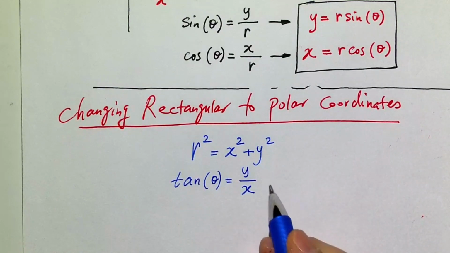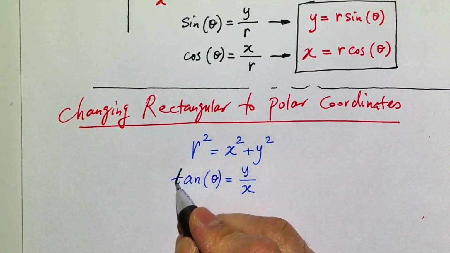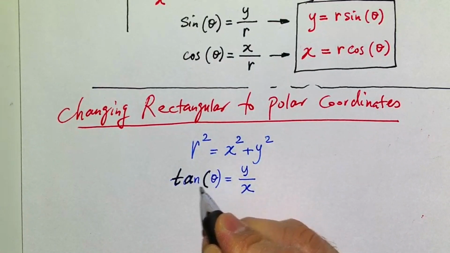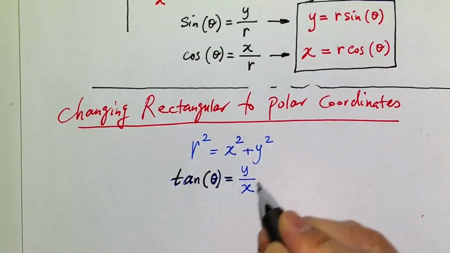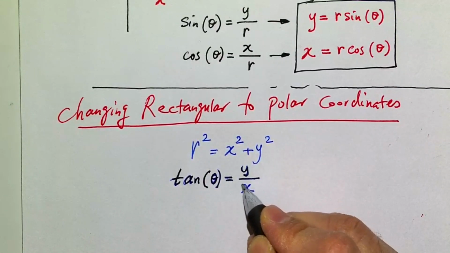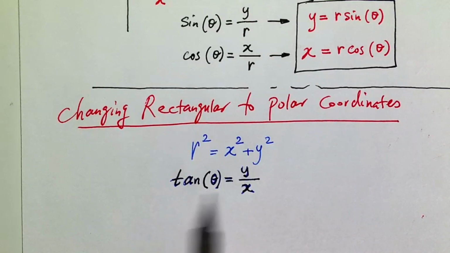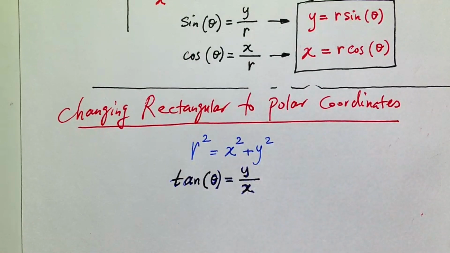But then the theta, let me actually use a different color here for this, because this formula is the intermediary before we find theta, which is the part of the polar coordinate. So this isn't going to give us theta, as you know. This is just tangent of theta, but it makes use of the rectangular coordinate system.